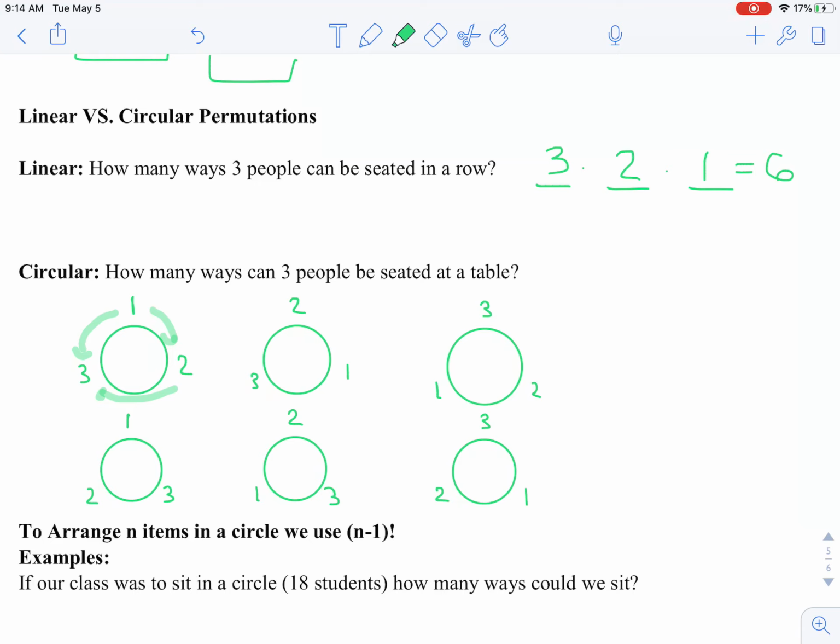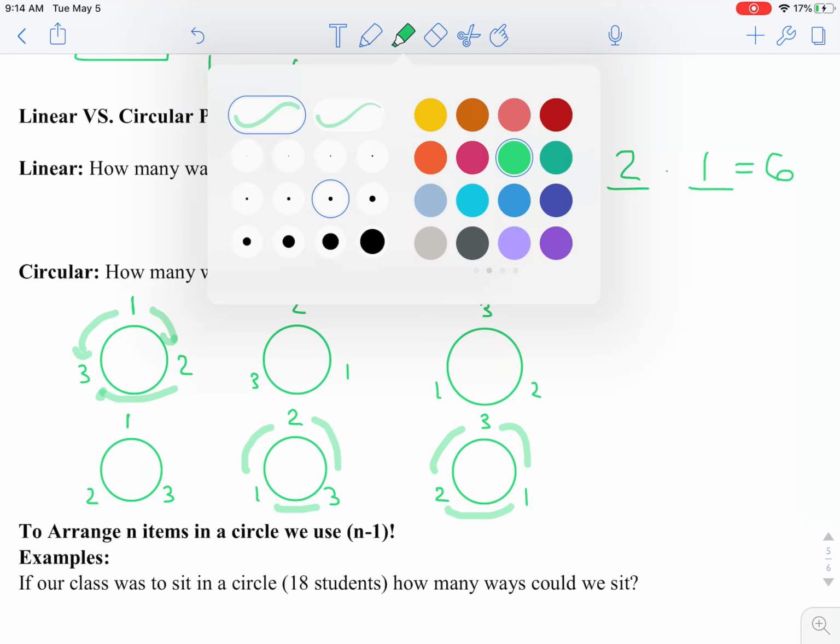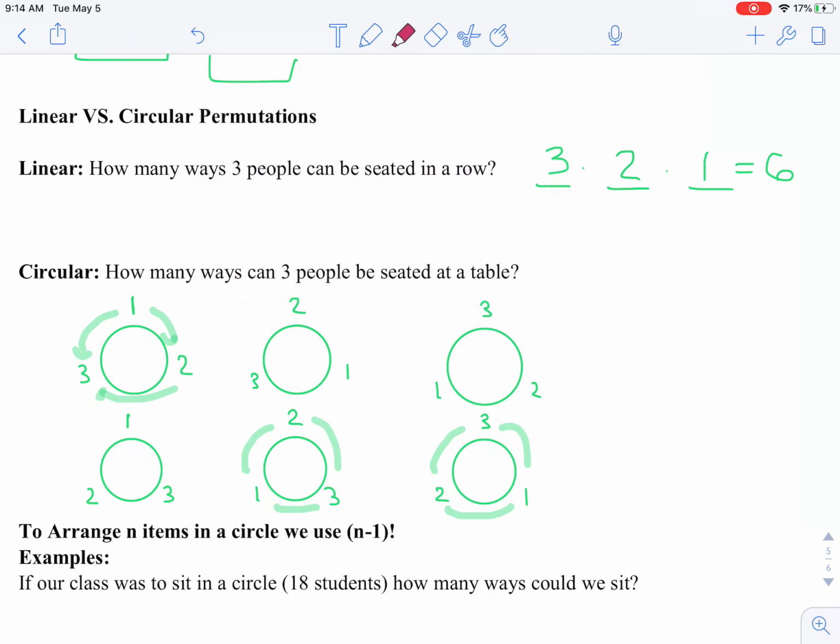Okay, let's see if we go to any other ones. Well, this one here, I could go from 1 to 2 to 3 and back. And then this other one down here, going clockwise, 1 to 2, 2 to 3, 3 to 1. So all 3 of those are actually the same.